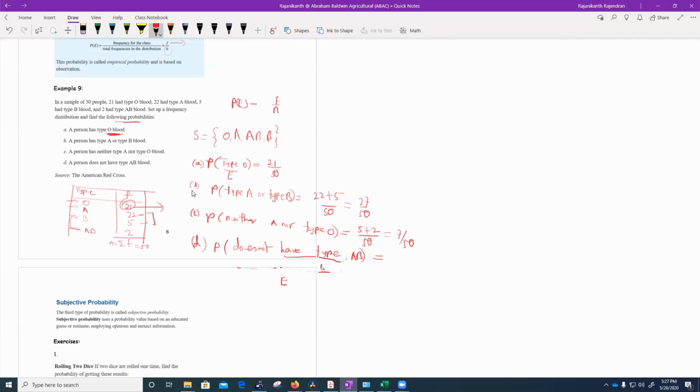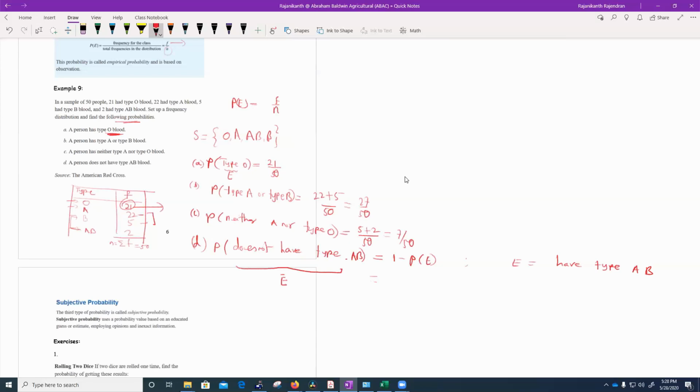So they are asking us to find the probability of E bar. That is basically 1 minus the probability of E. So let me write that separately. My event E is having type AB, and my event E prime means not having that, the negation, the complement of that event.